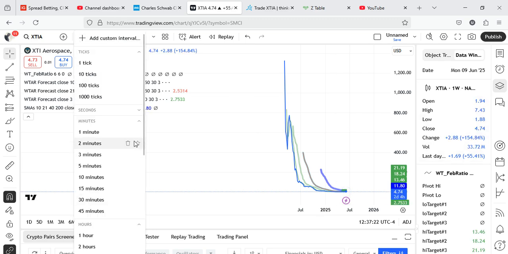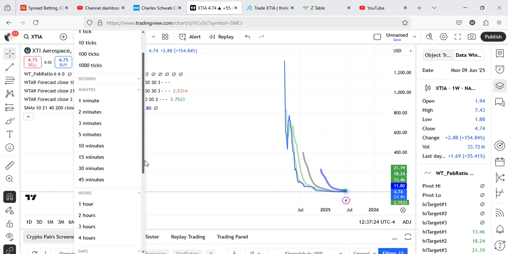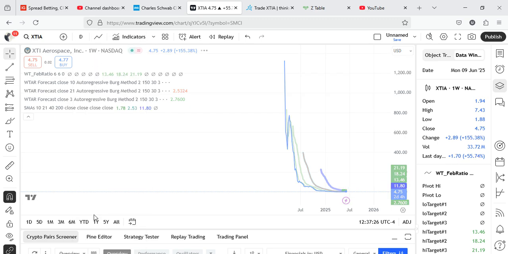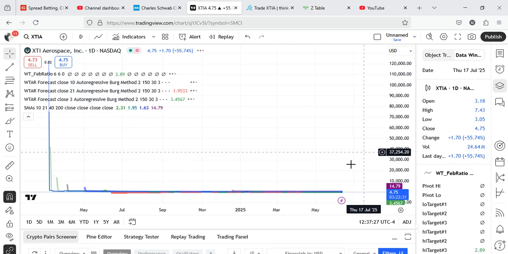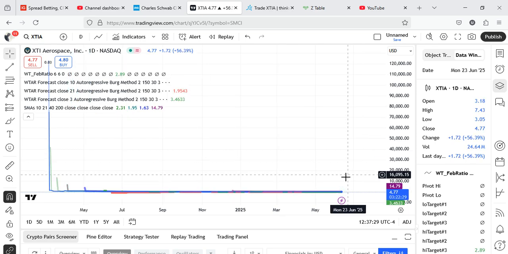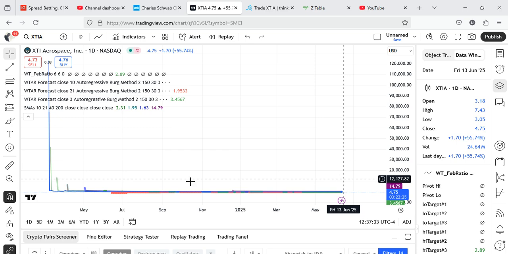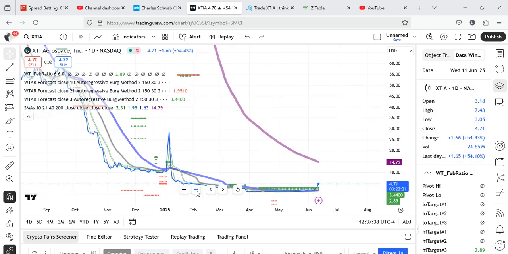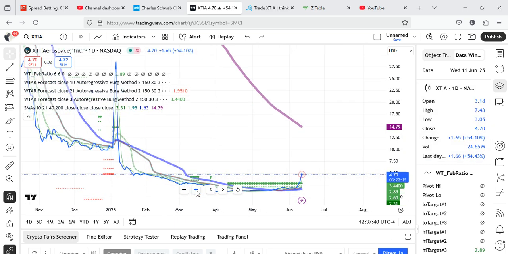Let's look at the daily chart. It's fascinating what's going on here. Let's enlarge. We have 2.89, a downward projection.